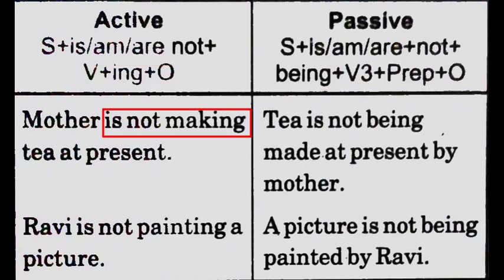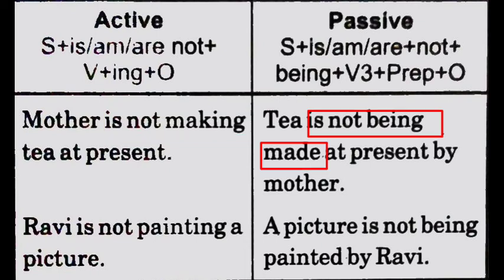For example, mother is not making tea at present. Then what will it become? Tea is not being made at present by mother. So all you have to do is add being and change the verb to the third form of the verb.